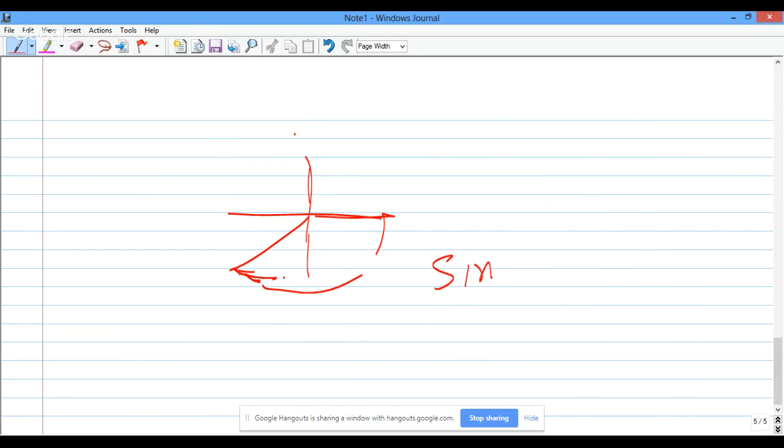No, altitude cannot be minus. That means it's not there. Somewhere there is a problem with the calculation. It cannot be minus; the altitude angle cannot be minus.